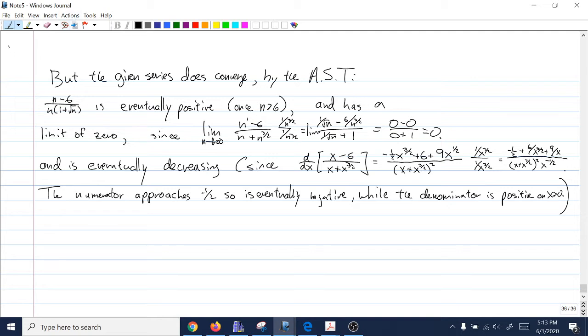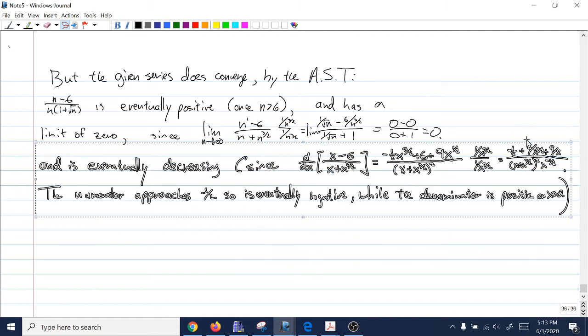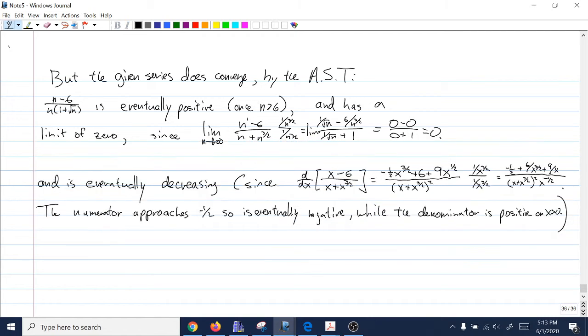Also, since the derivative is this, it's negative 1 half x to the 3 halves.